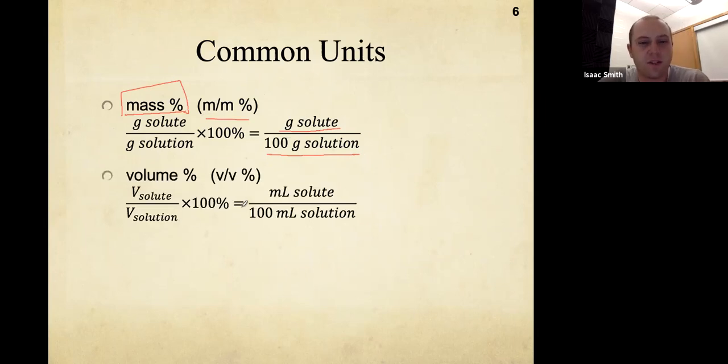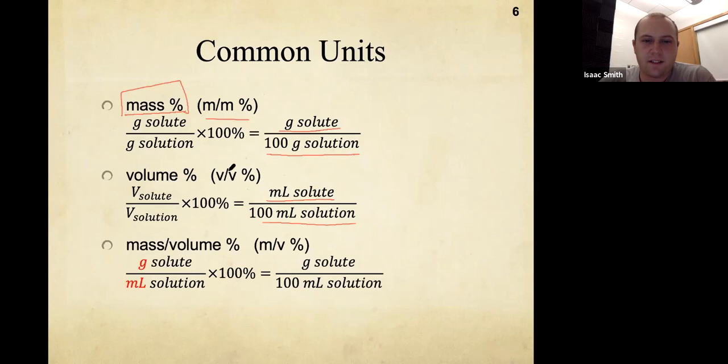You also have volume percent, which is what it sounds like, the volume of the solute over the volume of the solution. So that's just volume over volume. And then you have mass over volume percent, which is just the mass of the solute divided by the volume of the solution. Those are pretty self-explanatory. If you see mass percent, you know it deals just with mass. Volume percent just deals with volume, and mass over volume deals with mass over volume. The name really just tells you how to calculate it.